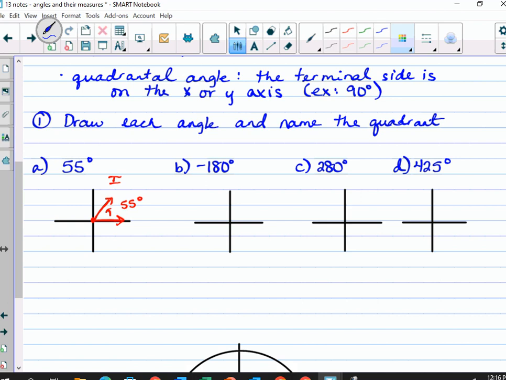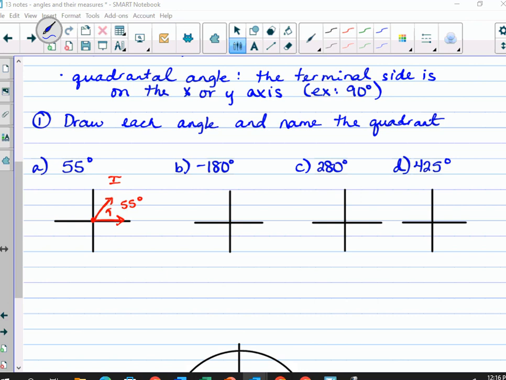All right, so I'll give you a minute to try those 3. Check with your neighbor. Do your pictures match?